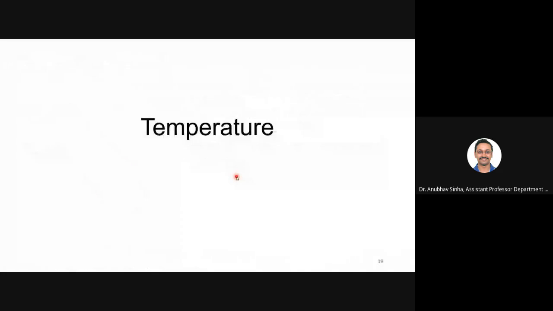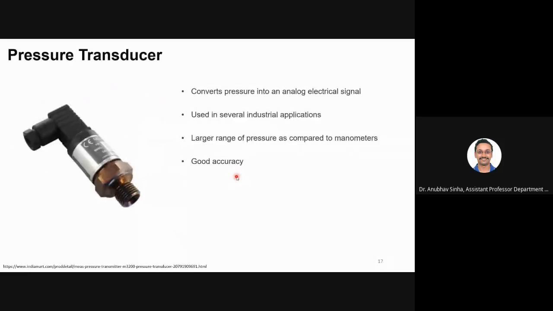Moving on, now let us go to temperature. So how does a transducer work? Basically, there is a piezoelectric sensor here. That is not in your syllabus. You just have to know what devices we use. The piezoelectric sensor gives an electric signal based on how much pressure is applied.